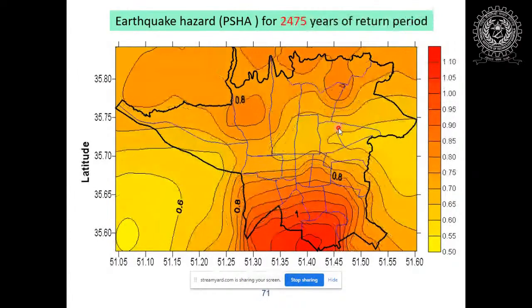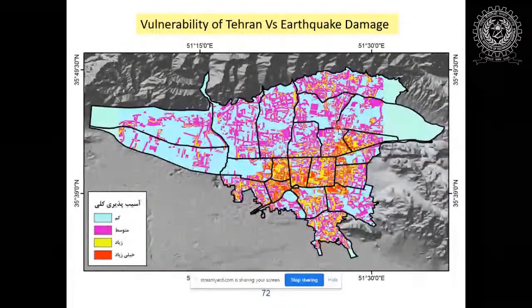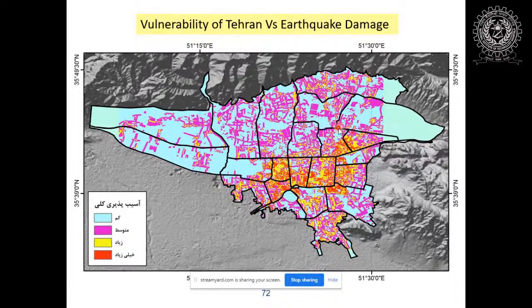This is the vulnerability map for earthquake damage in the central part and southern part of Tehran.